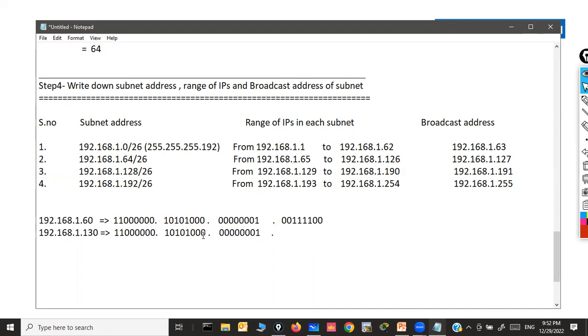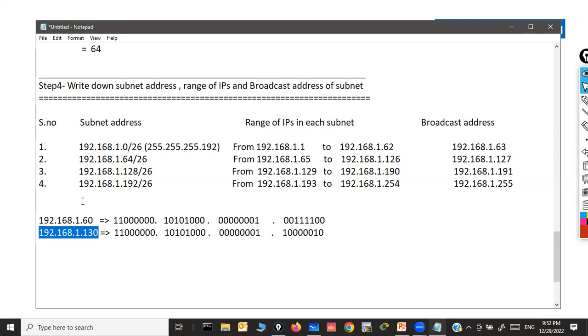And now you don't have to write down every time. 130, you understand, like the last one is what? 128. 128 plus 2. So 128, 64, 32, 16, 8, 4, 2, 1. Done. It's 130. So easily I have written 60 and 130. Two IPs.